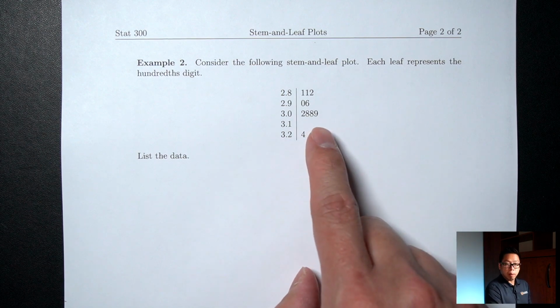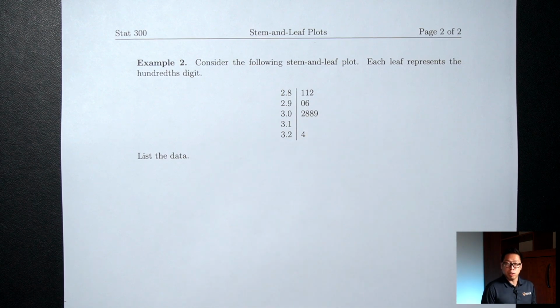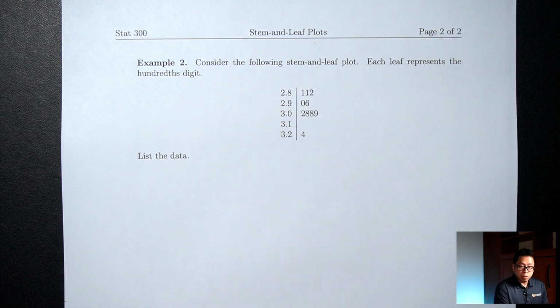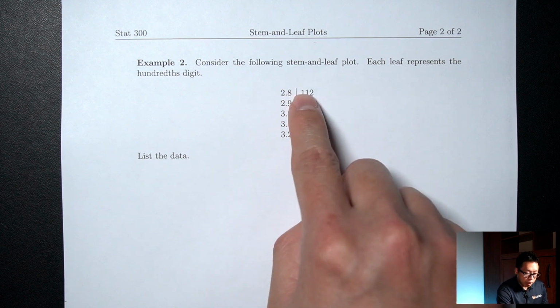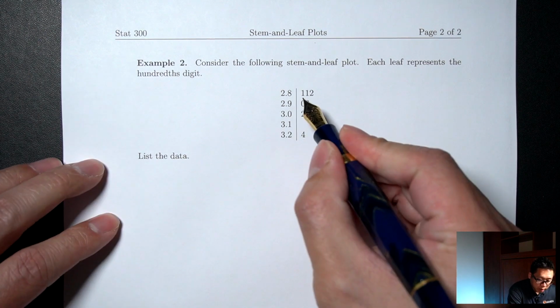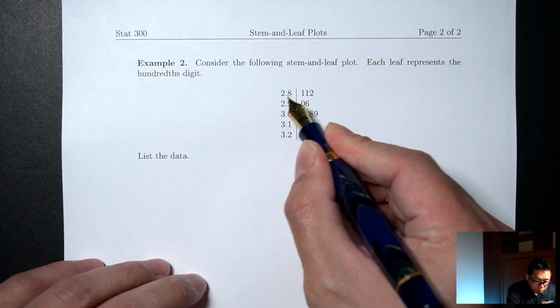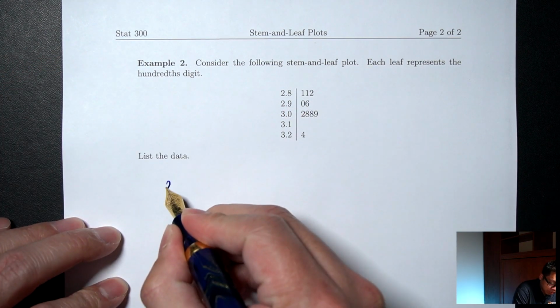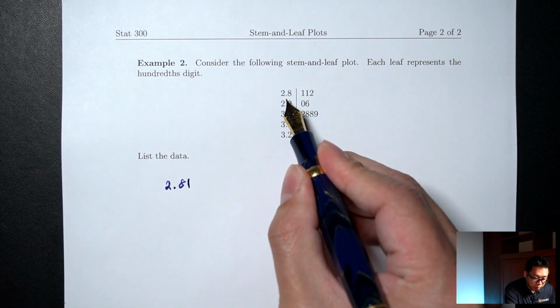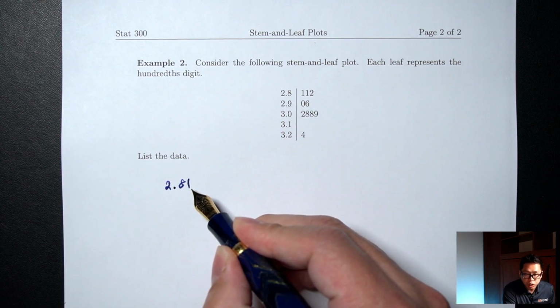Here I have a stem and leaf plot. Let's go backwards and list out the original data. Remember, the way the stem and leaf plot works is the stems, which is the left part, tells you the first part of your number. And then each leaf represents the very last digit. So this 1 means 2.81. Okay, so 2.8 is the first part of your number, and then the 1 is the very last digit.